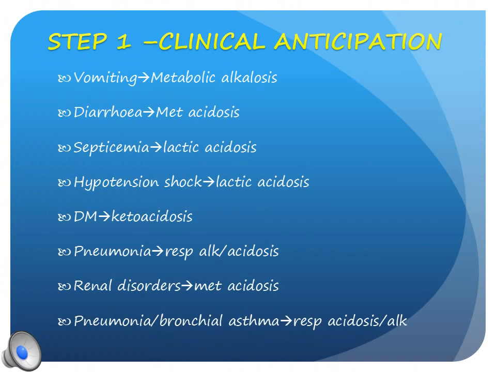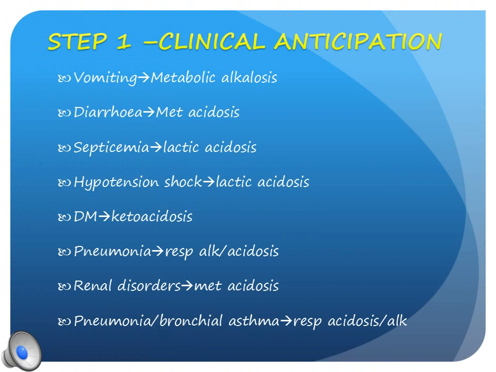Step 1, the clinical anticipation. The baby may present with different clinical signs and symptoms. So, each symptom may precede an acid-base abnormality. So, first, vomiting. It can cause metabolic alkalosis, especially in newborns with CHPS.